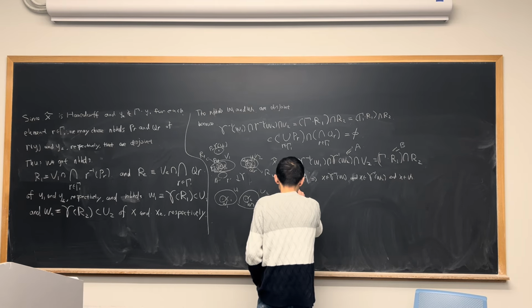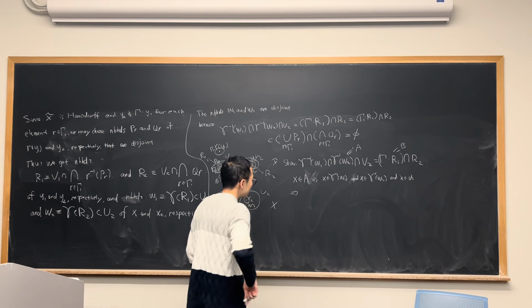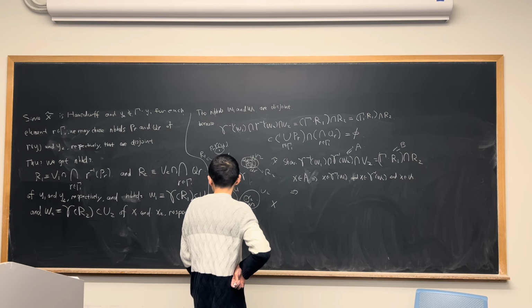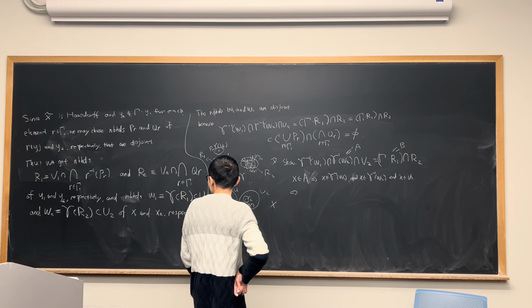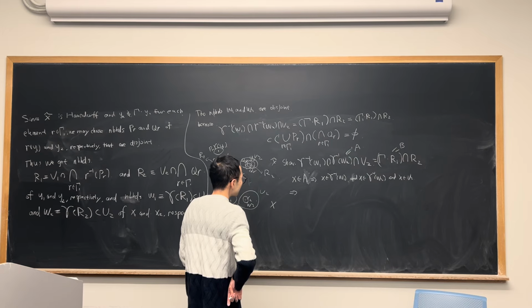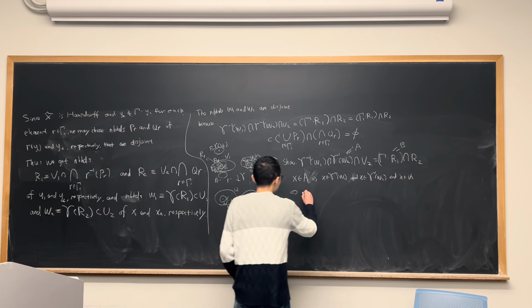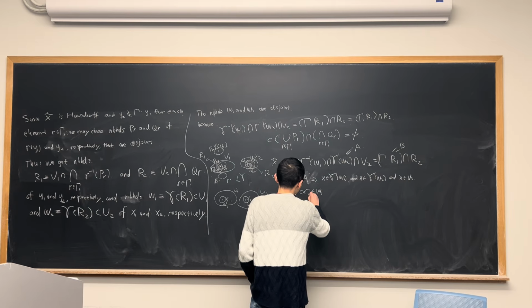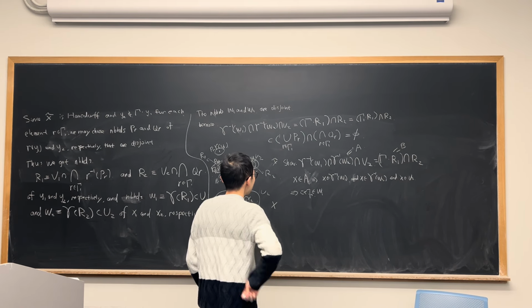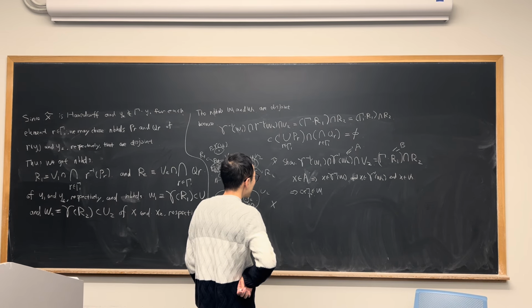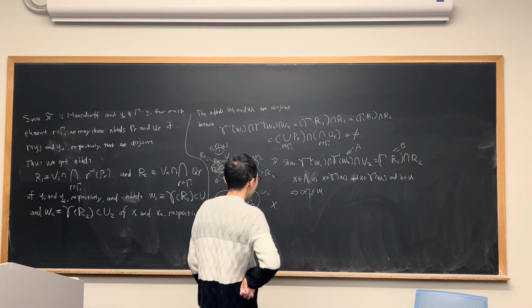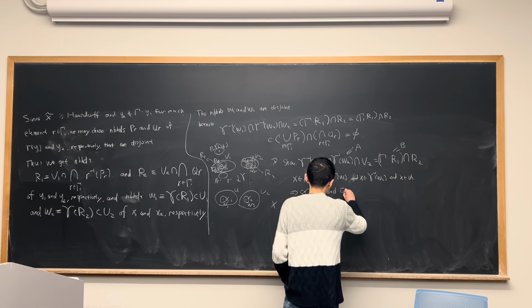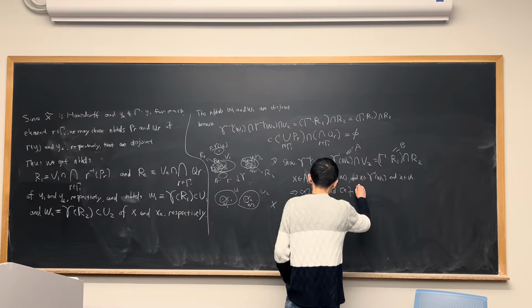So this implies what? This implies that gamma x is in W1, and this is also in W2.